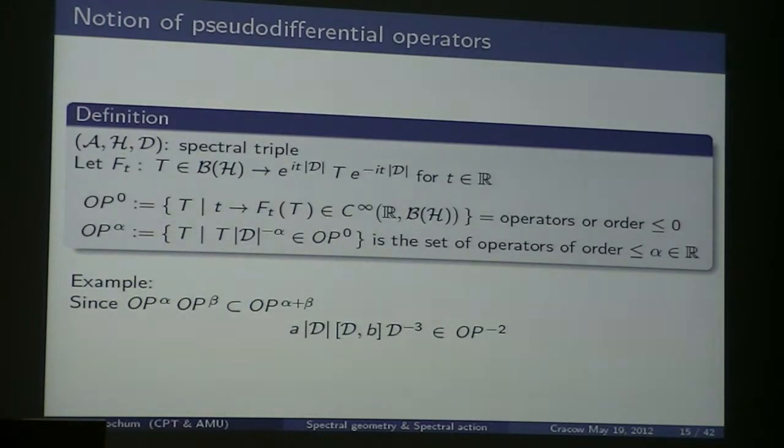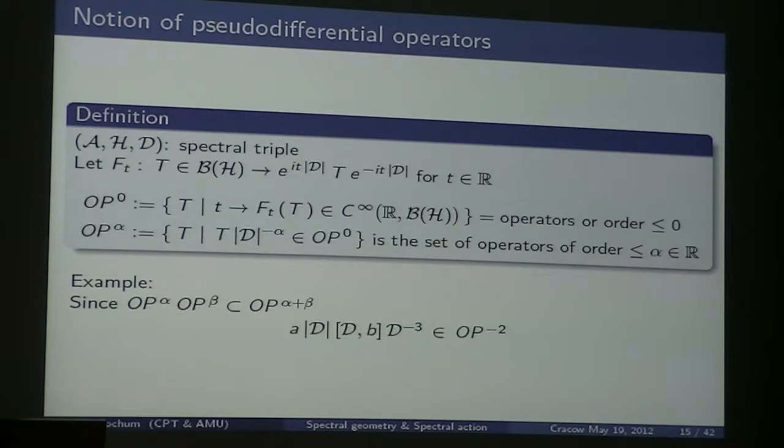Okay? And when you add that, you define an operator of order less than or equal to alpha, any real number, if this product is in Op 0. So this is a consequence of the first definition.